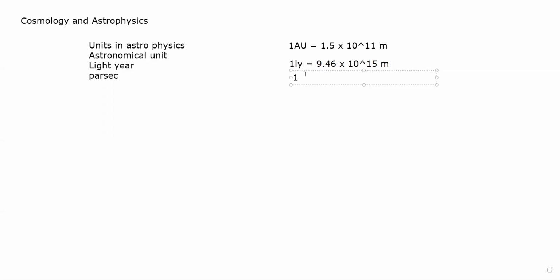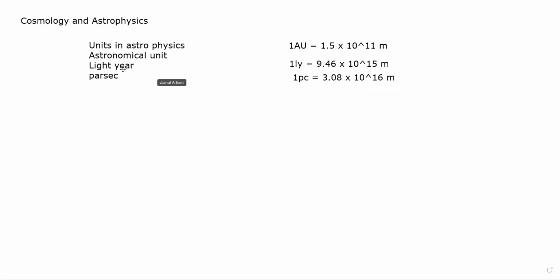And one parsec is denoted by PC, which is equivalent to 3.08 into 10 to the power 16 meter. Meter here is a unit.